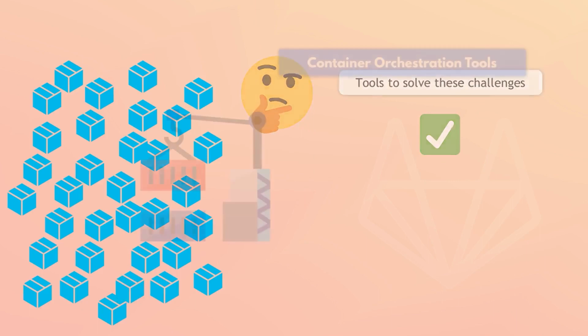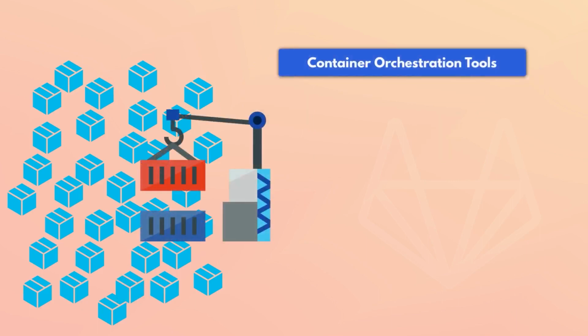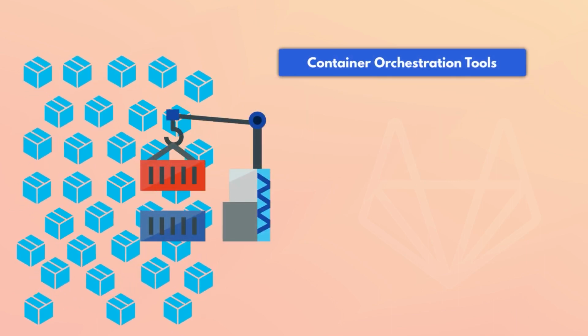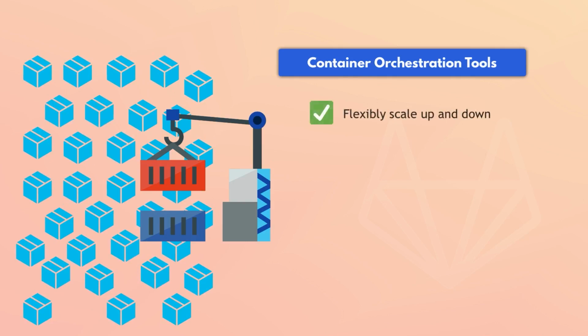And that's where the container orchestration tools come in to provide features to handle exactly those challenges of running microservice applications. With container orchestration tools, you can flexibly scale up and down the instances.